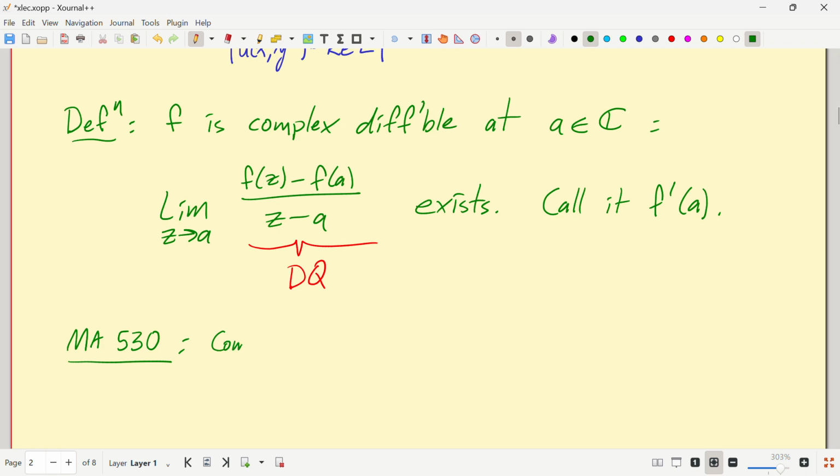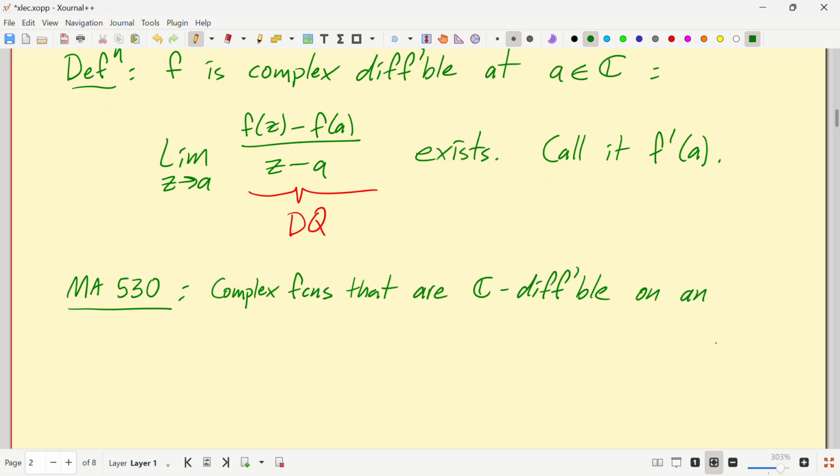Okay, and Math 530 is going to be about functions that are complex differentiable on an open set. Complex functions that are C differentiable on an open set. So it's got to be an open set. So there's always an open set in the background when you're talking about the functions we're going to study.